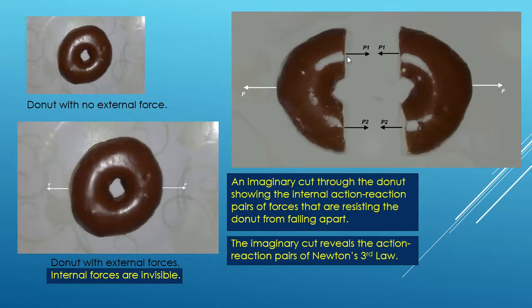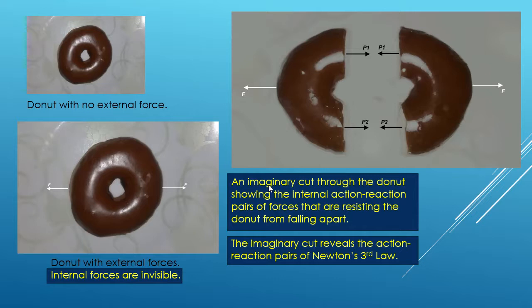And the resistive forces P1, P1, P2, P2, which are equal and opposite, appear across the cut. So these forces P1 and P2 are the integrated values of the resistive forces of all the masses at the interface.